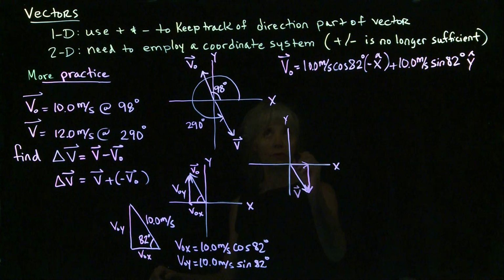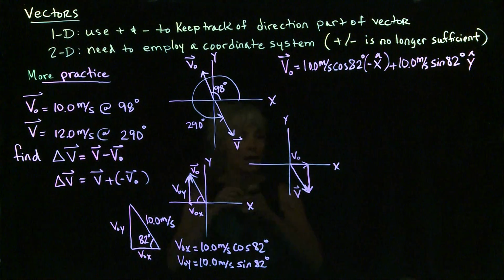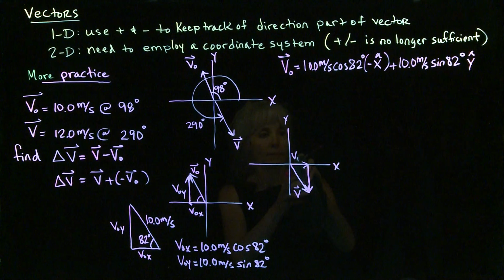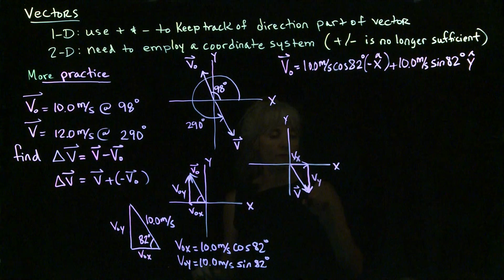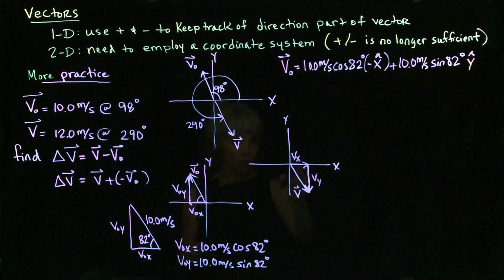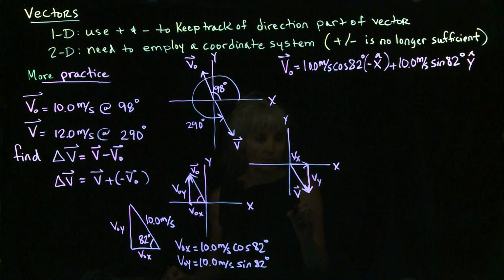We're going to call the piece that is along the x-axis Vx, and the piece that's along the negative y-axis Vy. So I can take this triangle and blow it up down here, and I'm going to do that.